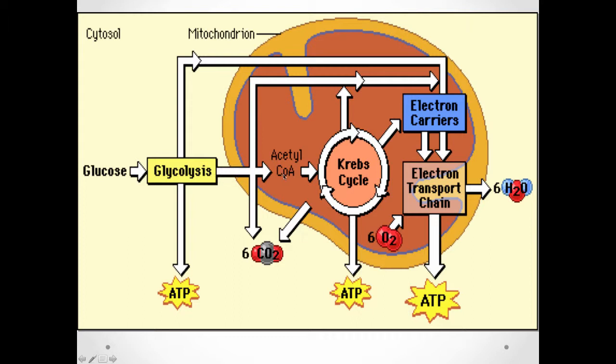Both of those enter the mitochondria, where they are broken down into 6 molecules of carbon dioxide, and they're used to produce additional ATP molecules. They also generate more of these electron carriers, which go into a process called the electron transport chain, which we'll cover together in class, and make ATP.